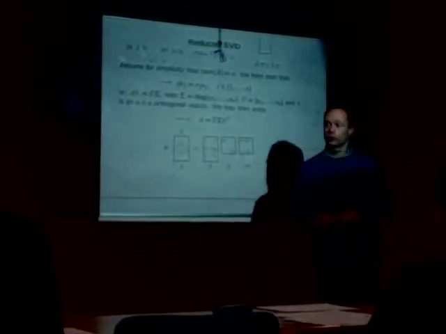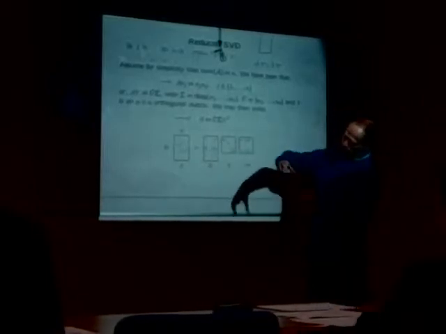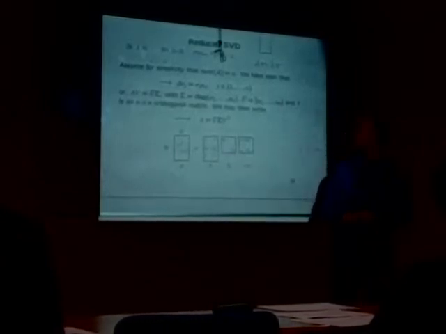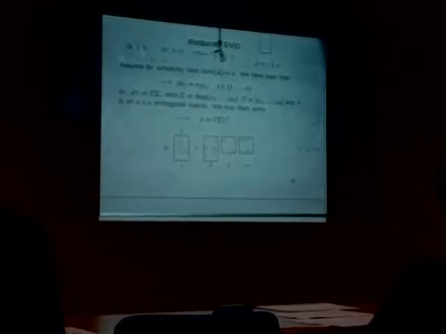So A is m times n. We have assumed that the number of rows is greater or equal to the number of columns. The columns of U are orthonormal, but they don't form a basis for Rm, because n in general could be less than m. So what you can do, however, is complete this orthonormal set to a basis.